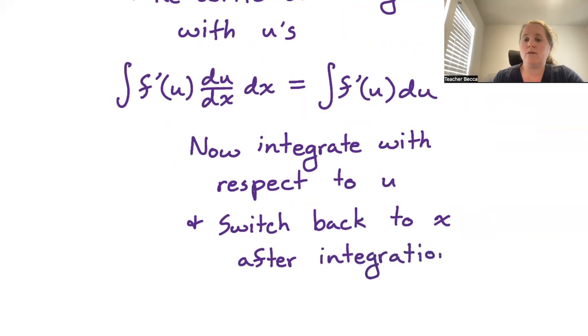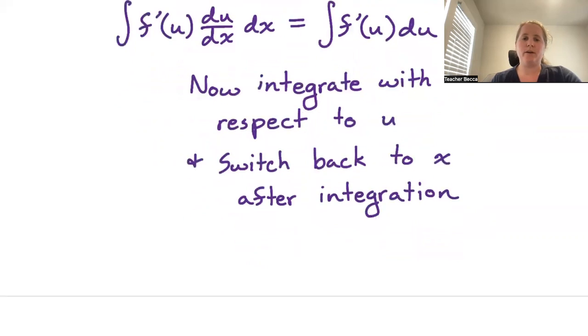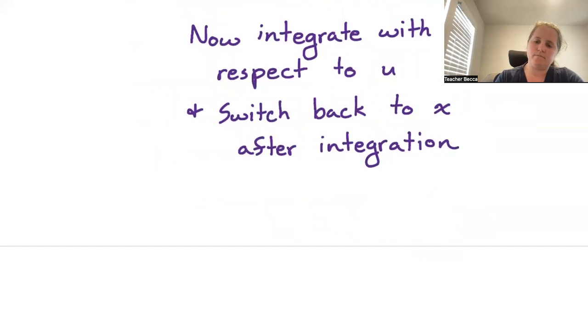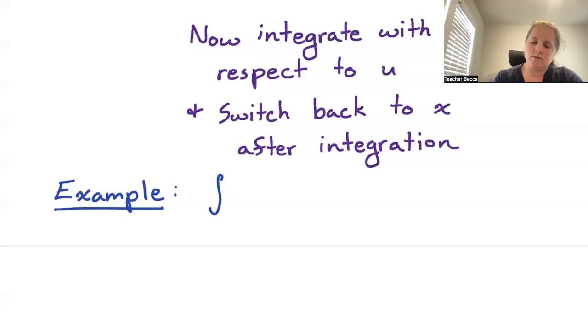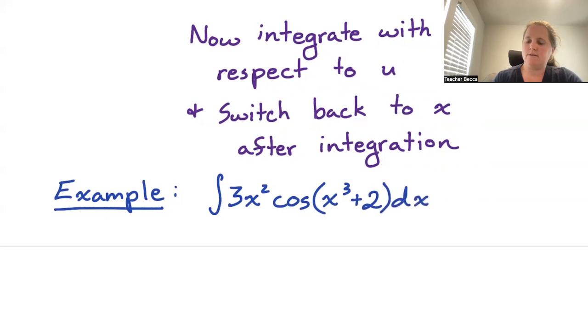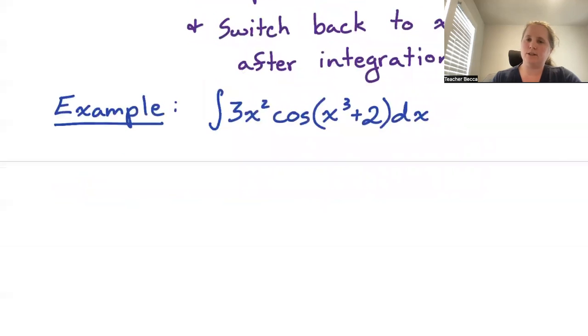So if we take a look at that example we already were working on, if we wanted to do the integral of 3x squared cosine of x cubed plus 2 dx, the inside function is x cubed plus 2.